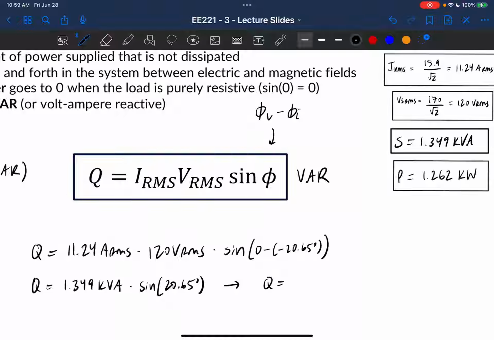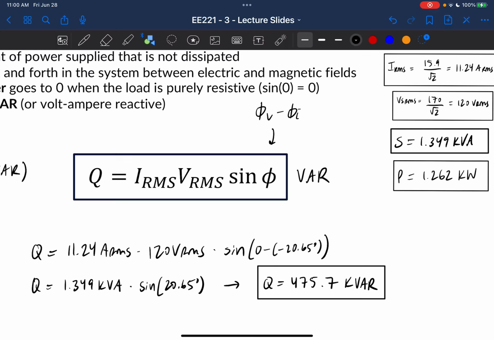And that is going to give me, let's see, times the sine of 20.65, and I get 475.7 kilovolt amps reactive, or kilovar. Okay, that is my reactive power.